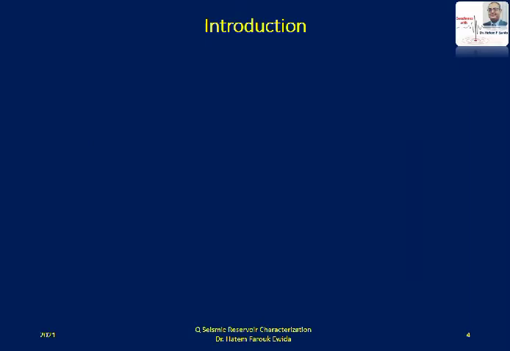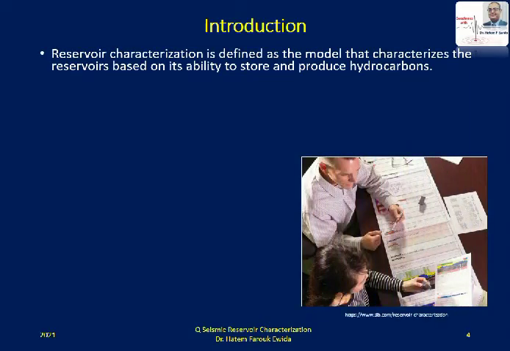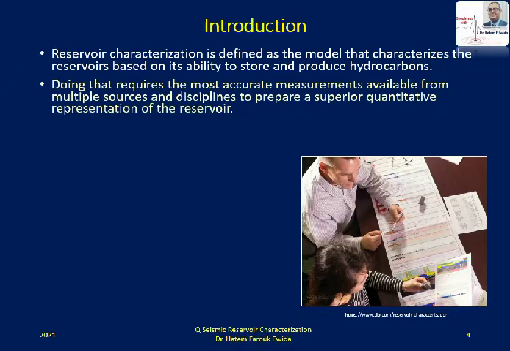As a definition, reservoir characterization is a model that characterizes the reservoir based on its ability to store hydrocarbon and produce it. Doing this requires accurate measurements, available from multiple sources of data or different disciplines of geoscience, and we use all of this to have a quantitative representation of the reservoir.